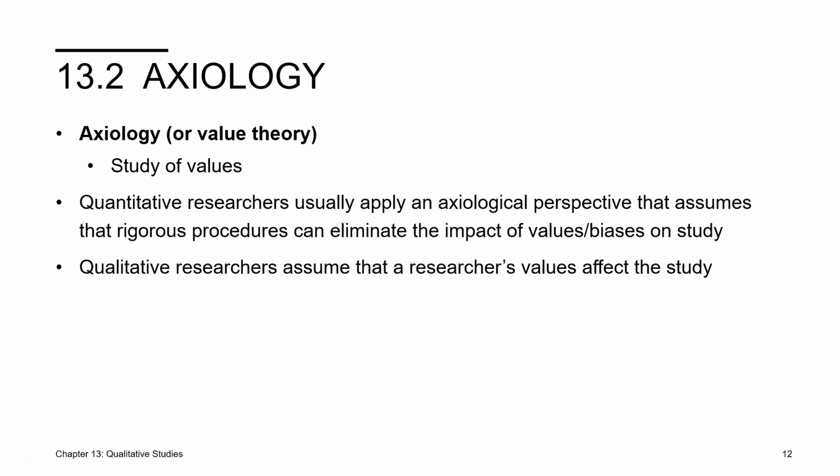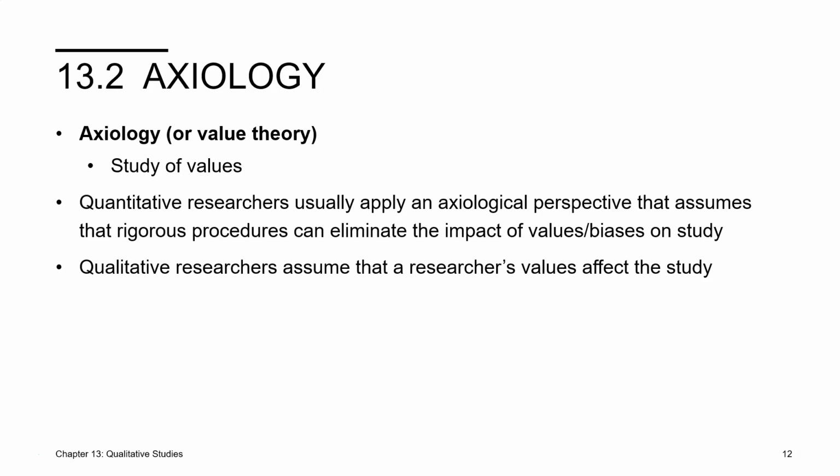So what is axiology? Jacobsen defines axiology, or value theory, as the study of values. Quantitative researchers usually apply an axiological perspective that assumes that rigorous procedures can eliminate the impact of values or biases on a study.